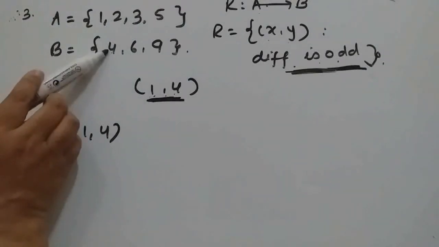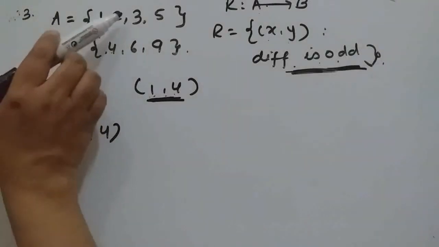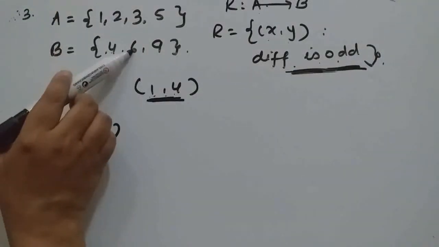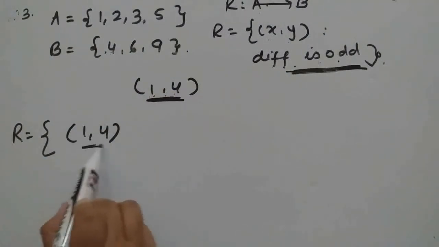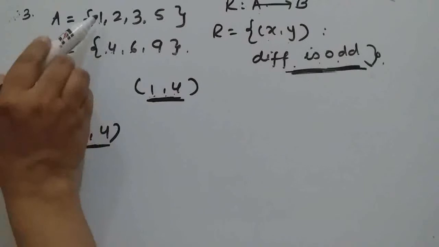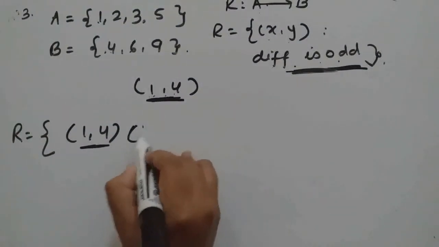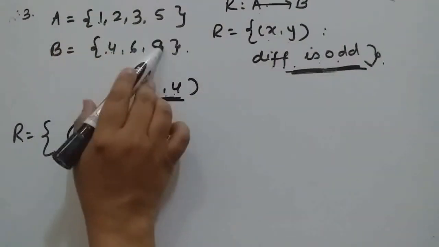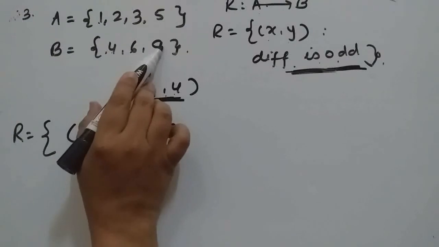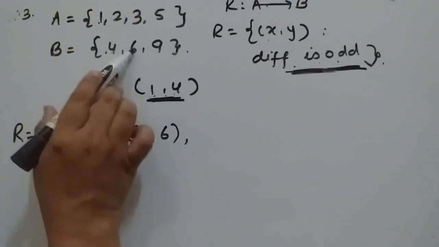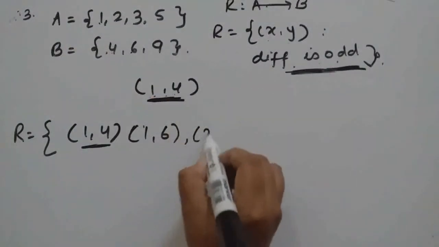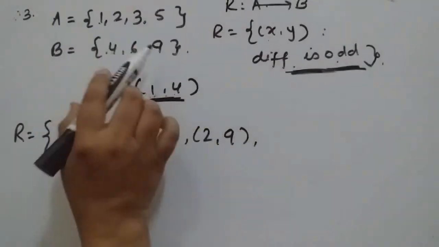2 comma 4, no, because 2 comma 4 will give an even difference. So 2 comma 6, no. See, we were doing 1 comma 4, so 1 comma 4, 1 comma 6, yes. Then 1 comma 9, no, because 8 will be the answer, and 8 is an even number. 2 4 we checked, no. 2 6, no. 2 9, yes, 2 9 will come because the difference is 7, which is odd.